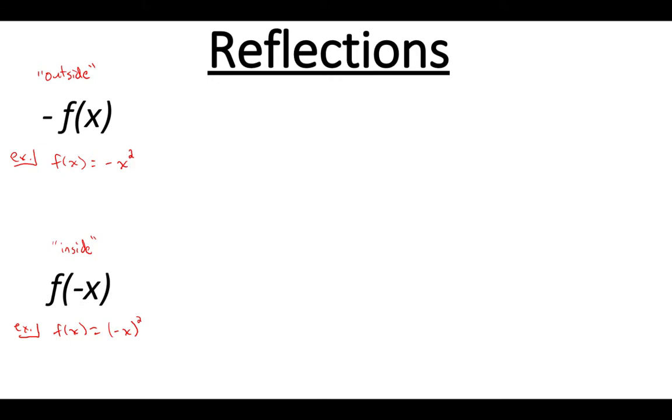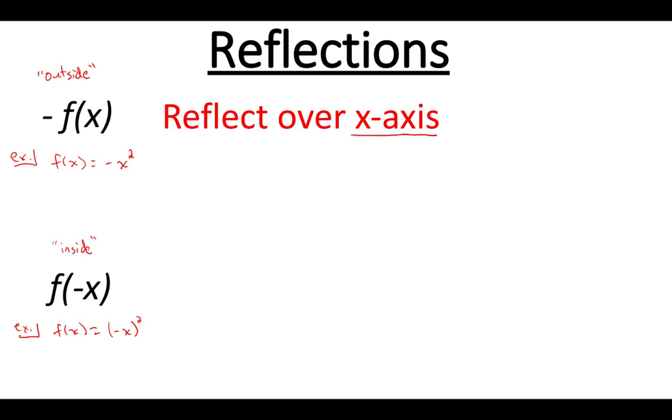If we have the negative on the outside, that means we're going to reflect over the x-axis. Let's just use a basic line here to illustrate this. So we have this line here. If we reflect over the x-axis, we'll be reflecting down here.